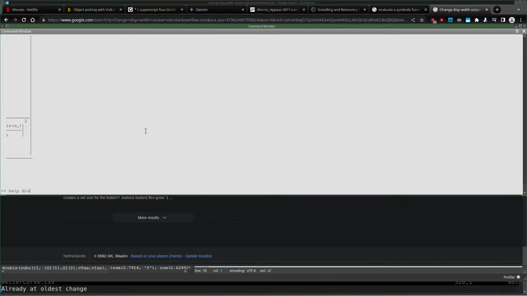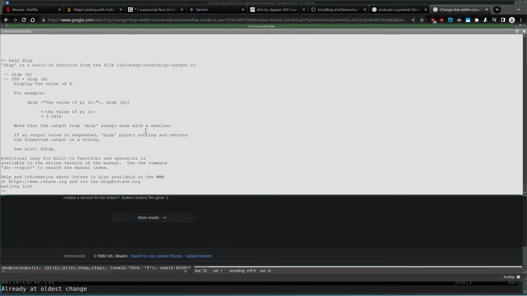Help display. Can't even tell it how wide it is.